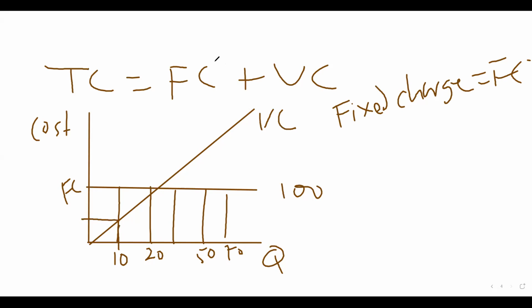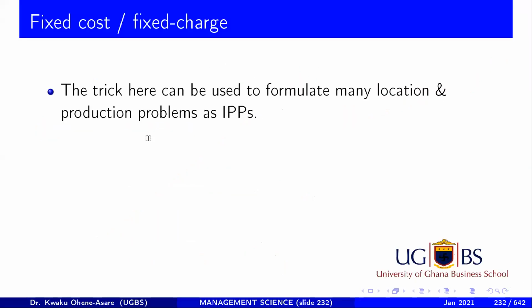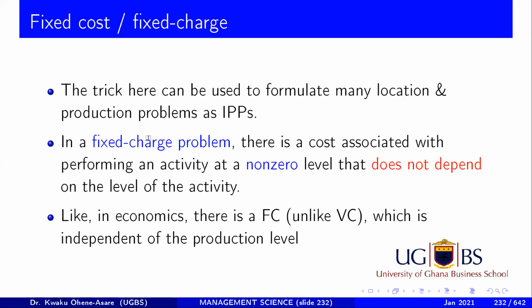As production increases to 50, the cost also jumps. As it increases to 70, the cost also jumps. So it is a cost that is changing with the level of production, and that is variable cost. Keep those two items in mind, because you are going to use them to address the principle of a fixed charge.